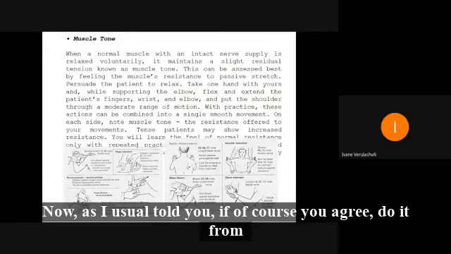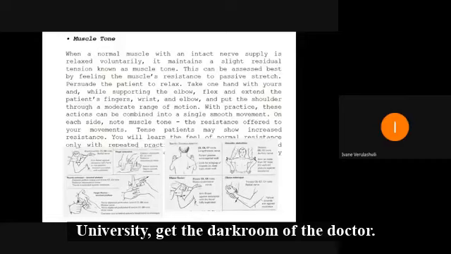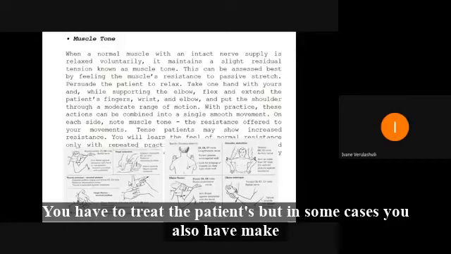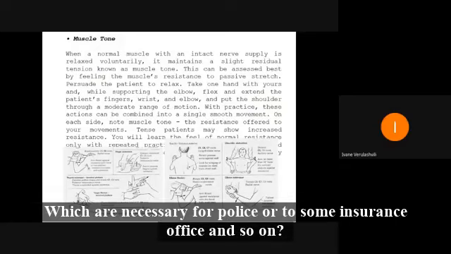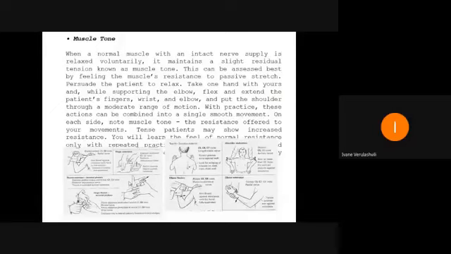Now, as I usually told you, if of course you graduate from university and get the diploma of a doctor, you have to treat the patients. But in some cases, you also have to make an expert decision, which is necessary for the police or some insurance office and so on.